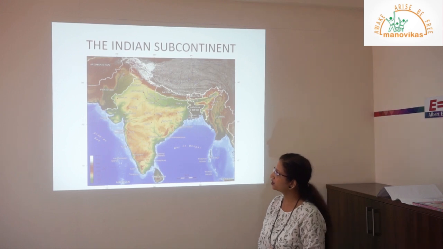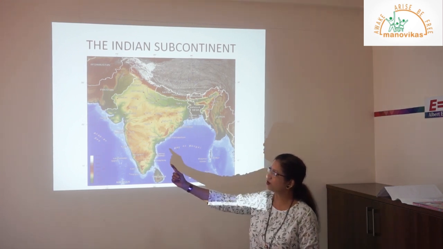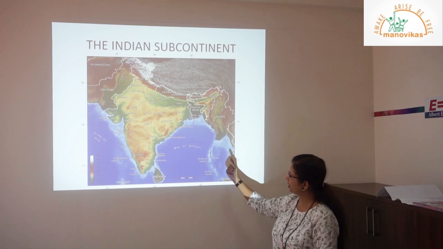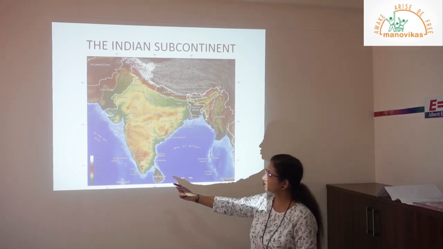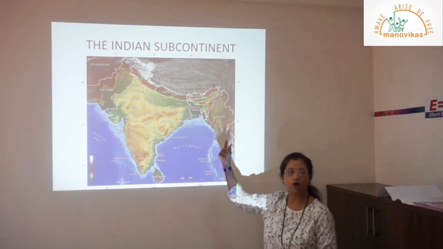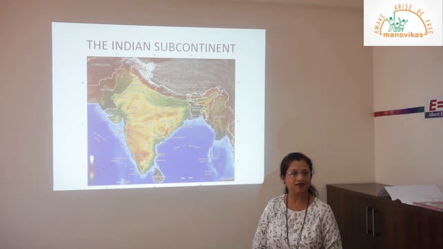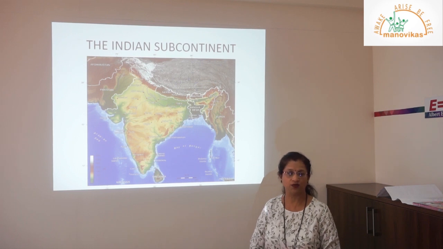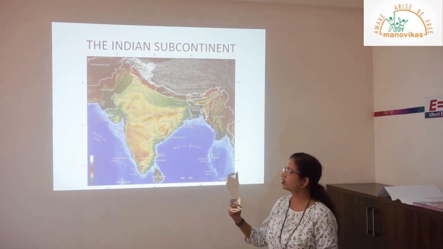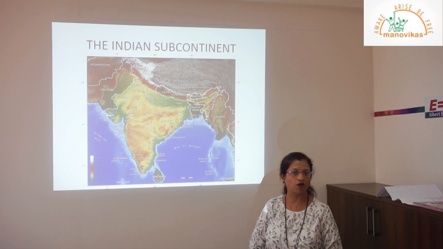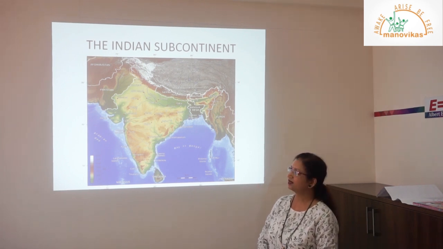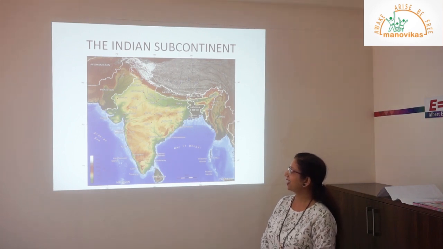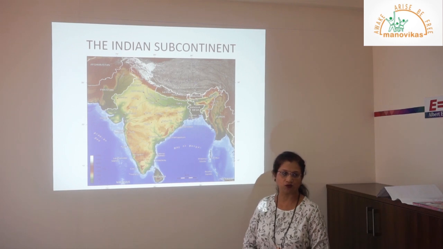Can you see the water bodies? The Arabian Sea on the west, the Bay of Bengal in the east and the Indian Ocean towards the south. So it forms a cone. That's the reason we call it a peninsula, because it is a body which is surrounded by water on all three sides. So are the water bodies clear? Arabian Sea towards the west, Bay of Bengal in the east and Indian Ocean towards the south.